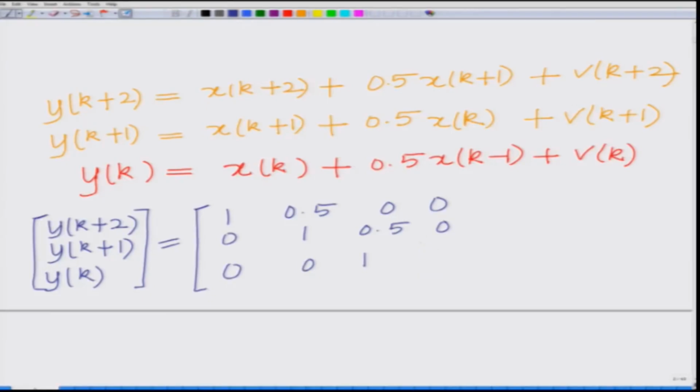This is the same as the matrix H that we have written in the previous module, except now I am substituting for the channel coefficients H0 and H1.